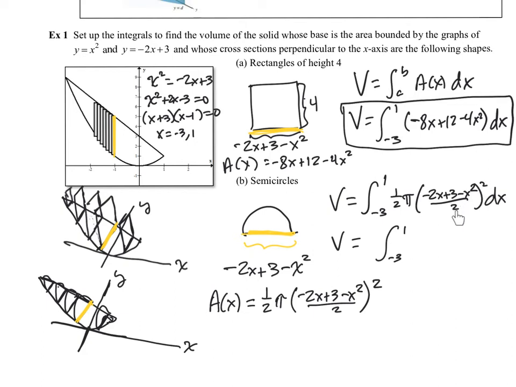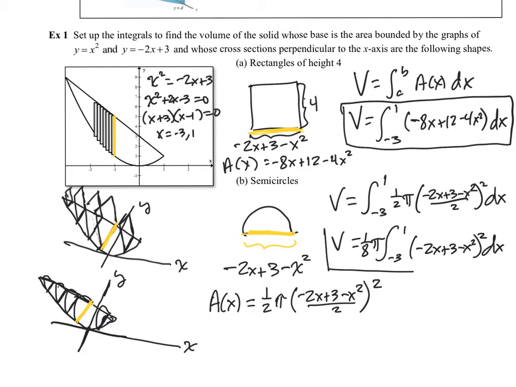So I'm going to take the 4 and multiply it by this denominator of 2, which gives me 1/8. I'm going to pull that 1/8 and the pi all out in front of the integral. So it would be 1/8 pi times the integral of -2x plus 3 minus x squared, all squared, dx.